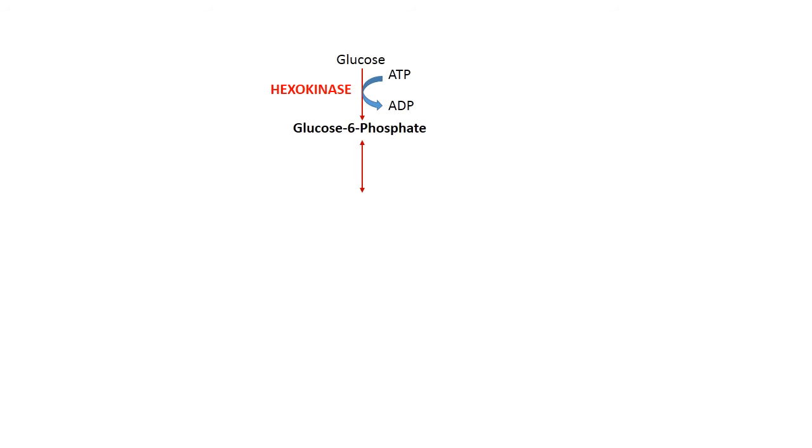Now, this glucose 6-phosphate will be converted to 6-phosphogluconolactone, and here NADP will be converted to NADPH plus H plus. The enzyme for this reaction is glucose 6-phosphate dehydrogenase.